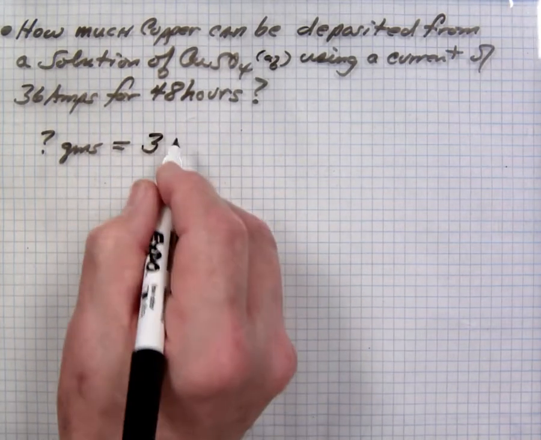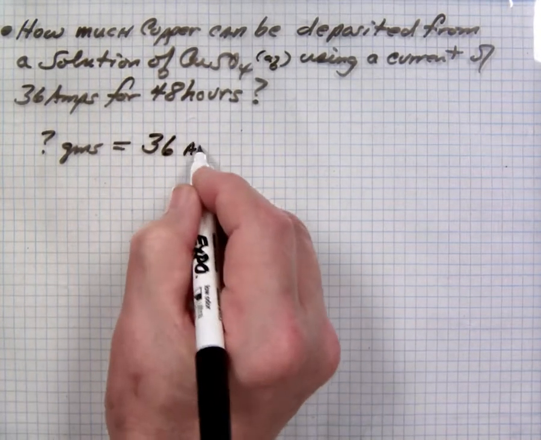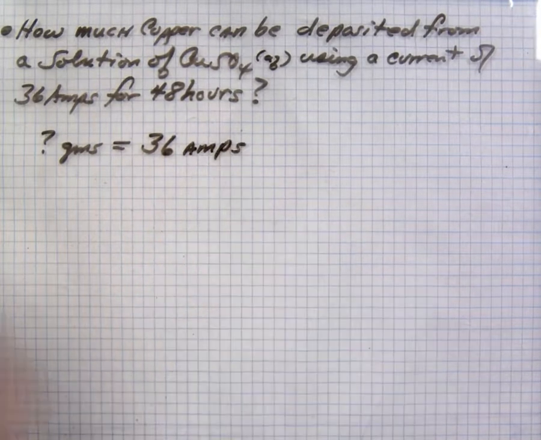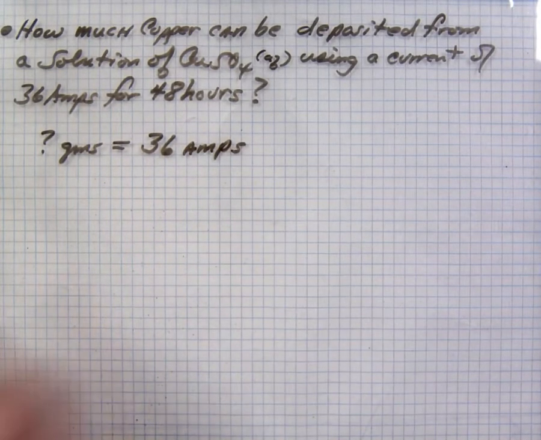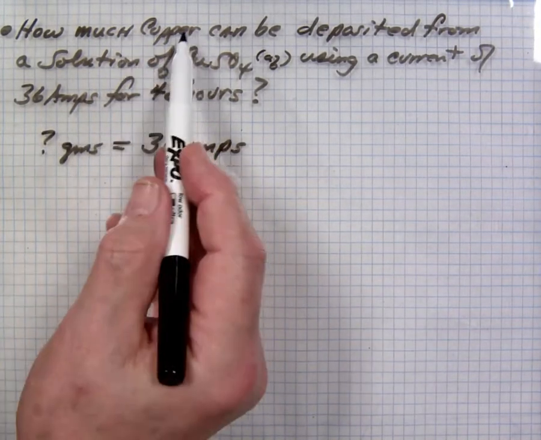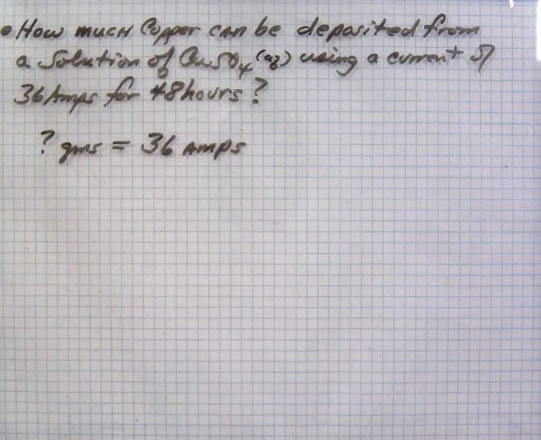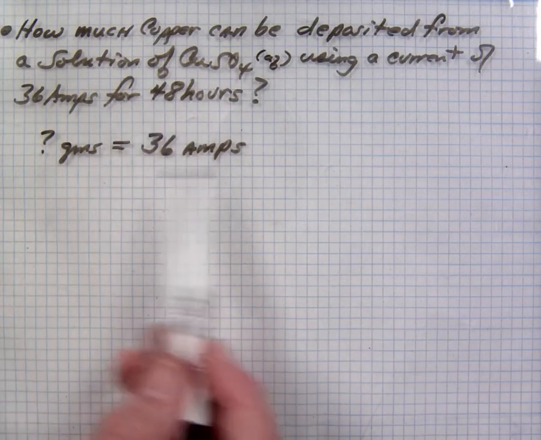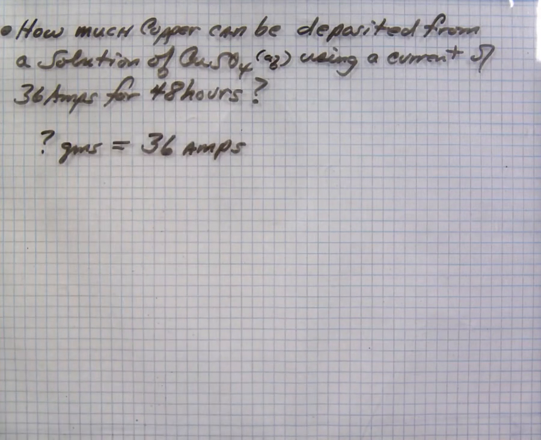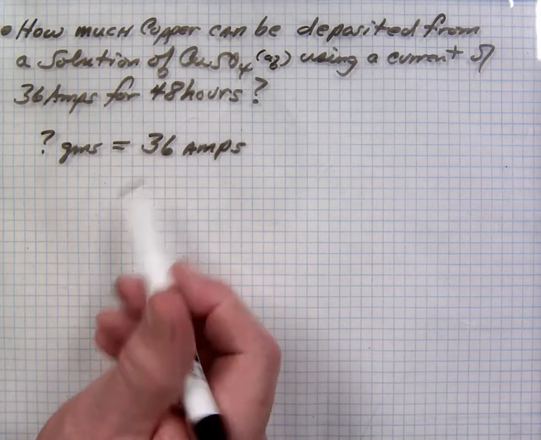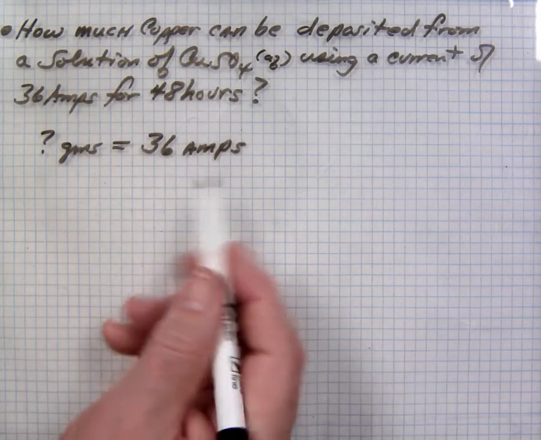Well, I'm going to start with 36 amps right there. So you'll set up, from your question, how much copper, right here, and then you apply it to 36 amps. You can do 48 hours first, but it's a little easier if you work through the amps, because this relates directly to Faraday's law.